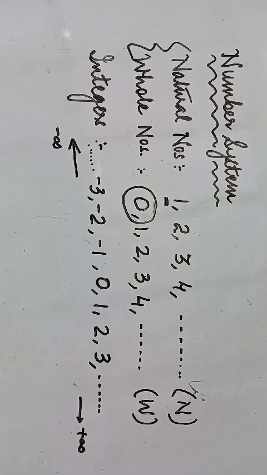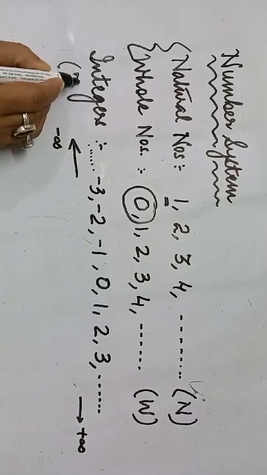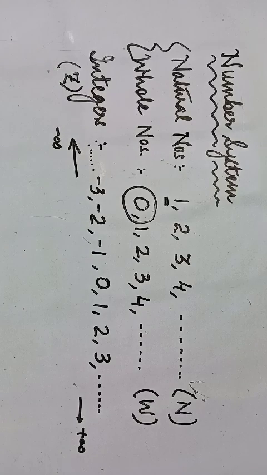But you must remember that integers also, like whole numbers and natural numbers, do not have any fractions or decimal numbers in them. Certainly you have capital Z to denote integers, or you also have a letter capital I to denote integers.